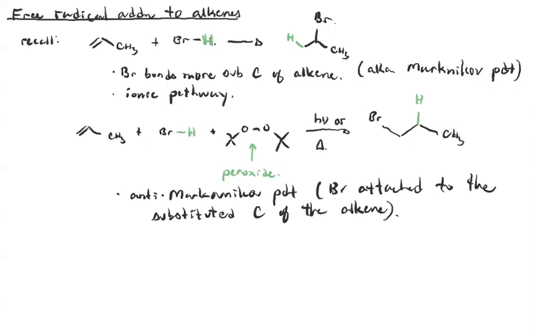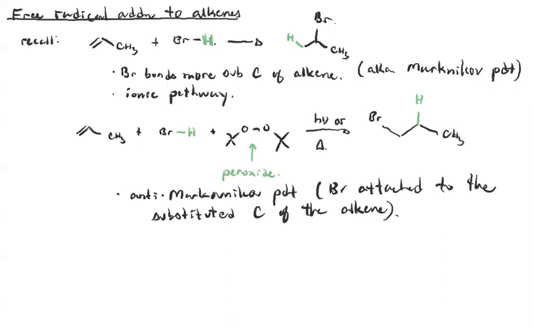Just stepping back for a second, anytime you've got two similar reactions, but they're giving a different outcome, that is a red flag that the mechanism has changed, because mechanism is what drives the reaction outcome. The formation of this more stable secondary carbocation when you protonate the alkene is the reason that you get the bromide attached to the more substituted carbon, right?